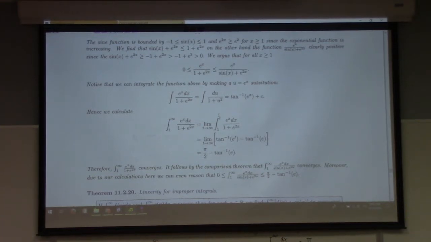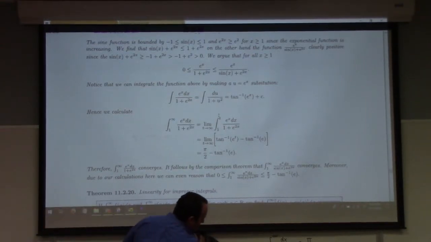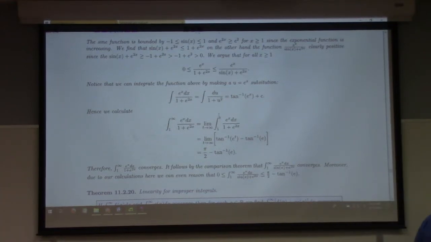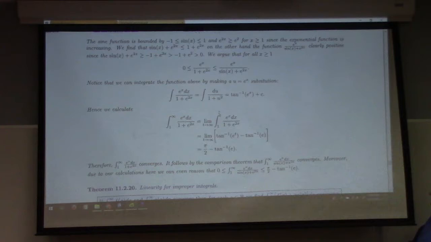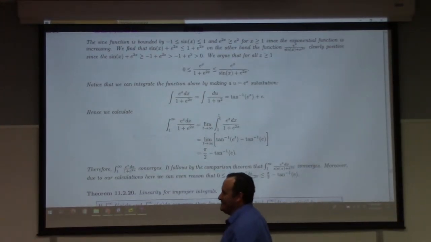So bonus quiz. Numero uno, the integral of dx over 1 plus x squared. All right.